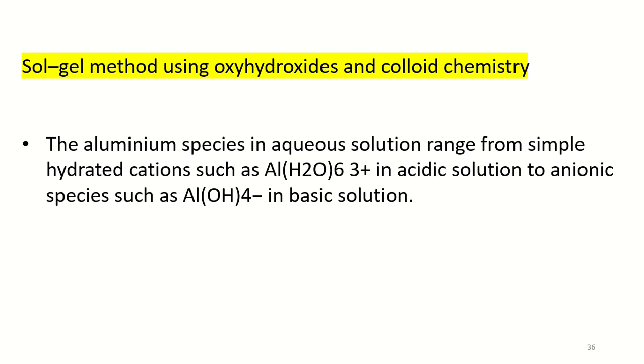The reason why aluminium is regarded as an amphoteric element is that Al2O3 is able to dissolve in both acids and bases, but is insoluble at intermediate pH values.